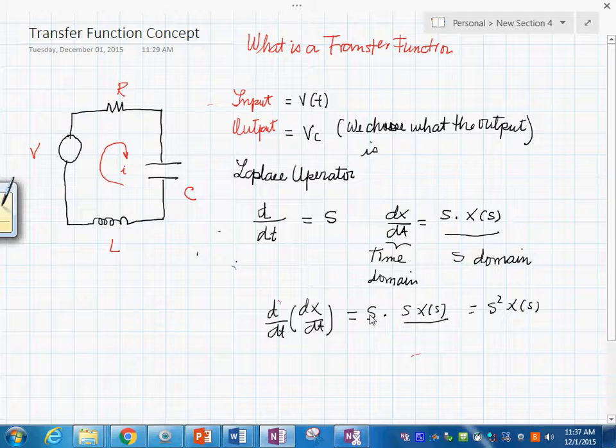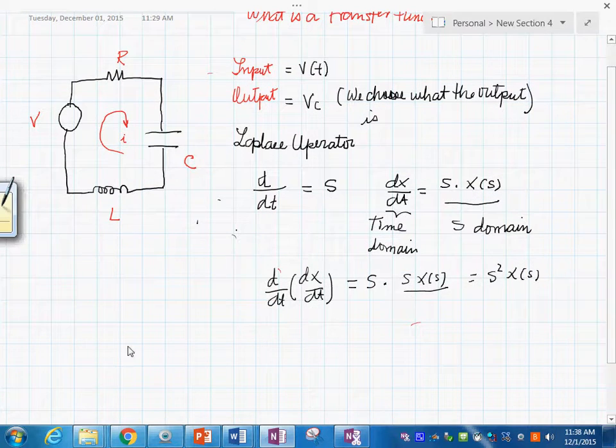These are the two things that we need for our purposes. So let's look at the differential equation of the system.